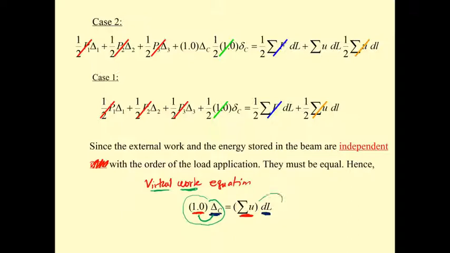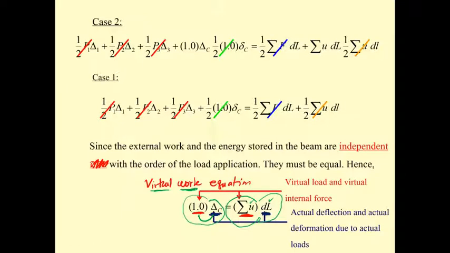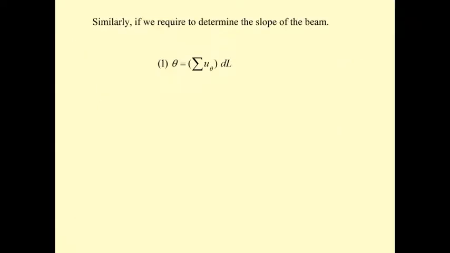And this is also due to the assumed force times the real displacement, so it's also virtual work. However, this one happens inside the structure, so this part is the internal virtual work. And then you have this as the conclusion for the theory that we have.